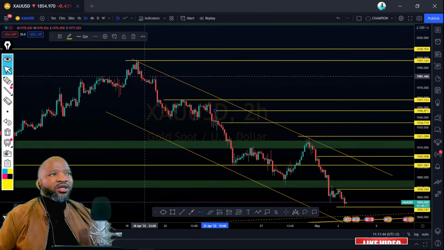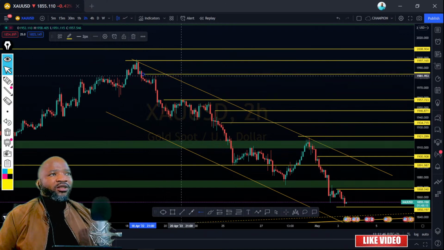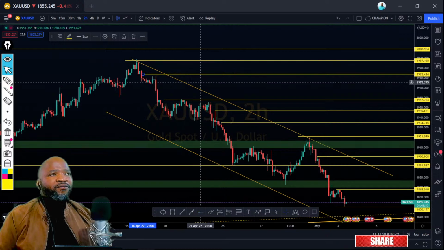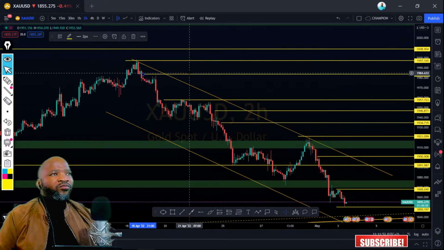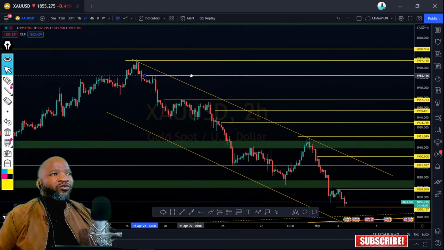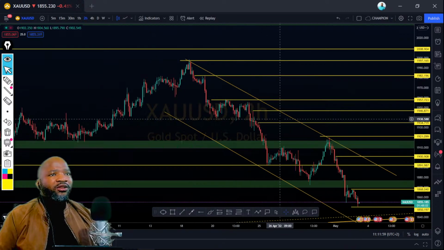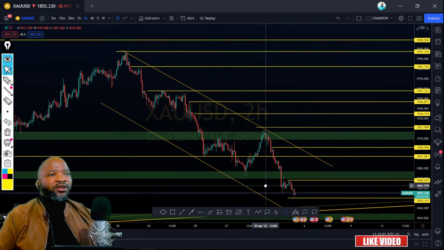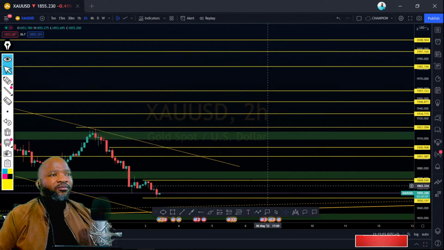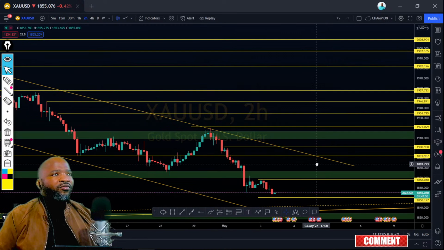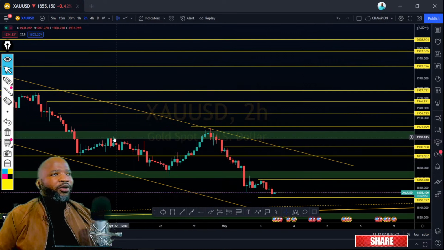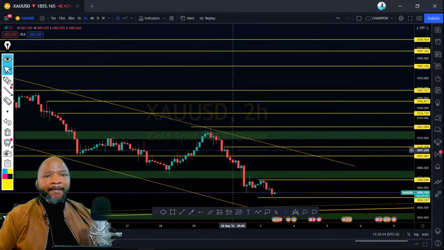Also this level, you can see we had the resistance there. So these are the very important lines. They mark the levels for us to remember the previous levels.